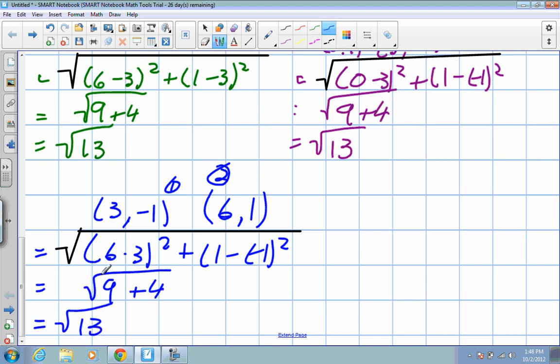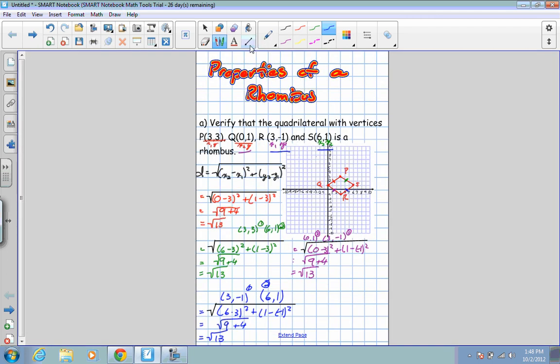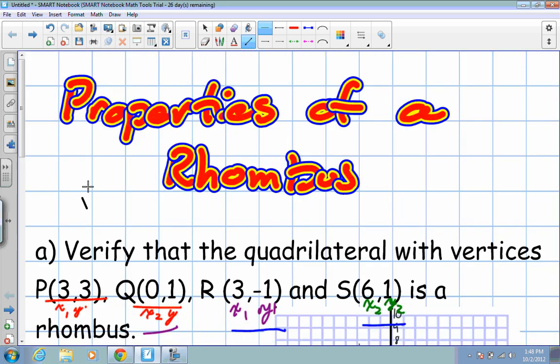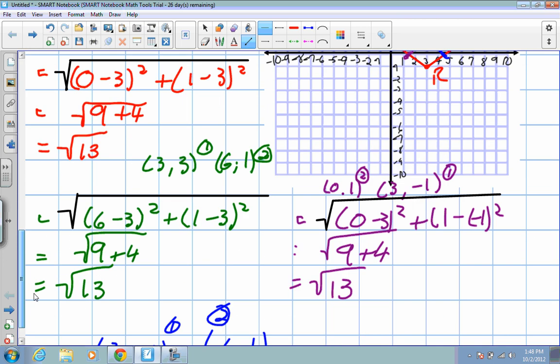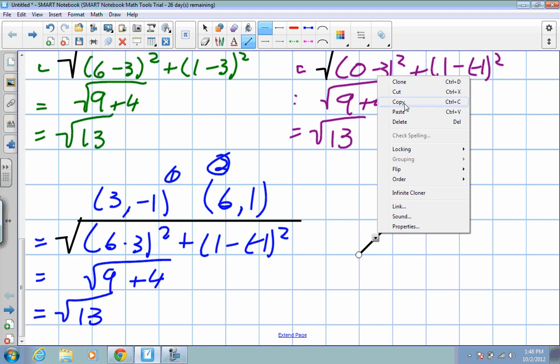And for those of you who are unsure and thought, well, once I've proven 3 work, why can't I just say that the fourth one works? Let's zoom in again here. I'm going to show you what I mean by that. Here's a line. Now, what I'm going to do to this line is copy it and paste it twice.